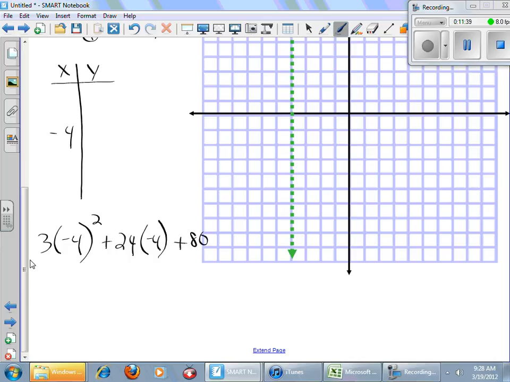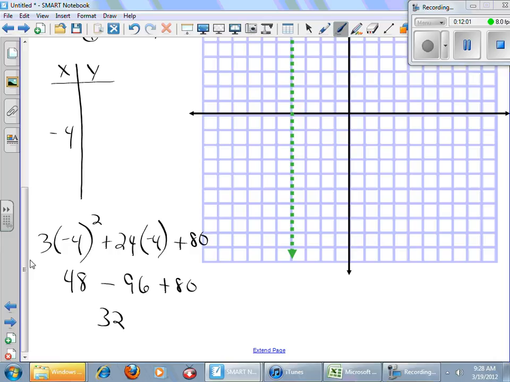This is going to be 48, and this is going to be negative 96 and plus 80, right? So 48 minus 96 plus 80 is going to end up being 32.